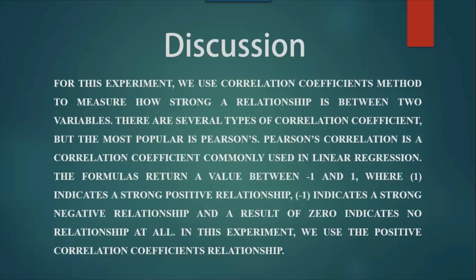The formula returns a value between -1 and +1, where +1 indicates a strong positive relationship, -1 indicates a strong negative relationship, and a result of 0 indicates no relationship at all. In this experiment, we use the positive correlation coefficient relationship.